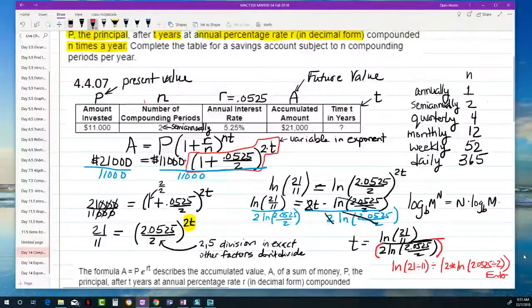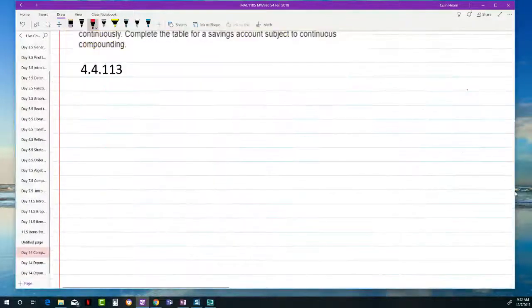Okay, so I'm going to do the same thing here at my desk. Natural log, 21 divided by 11, close parentheses, divided by parentheses, 2 times natural log, 2.0525 divided by 2, close parentheses, and we get that t is approximately 12.5 years.